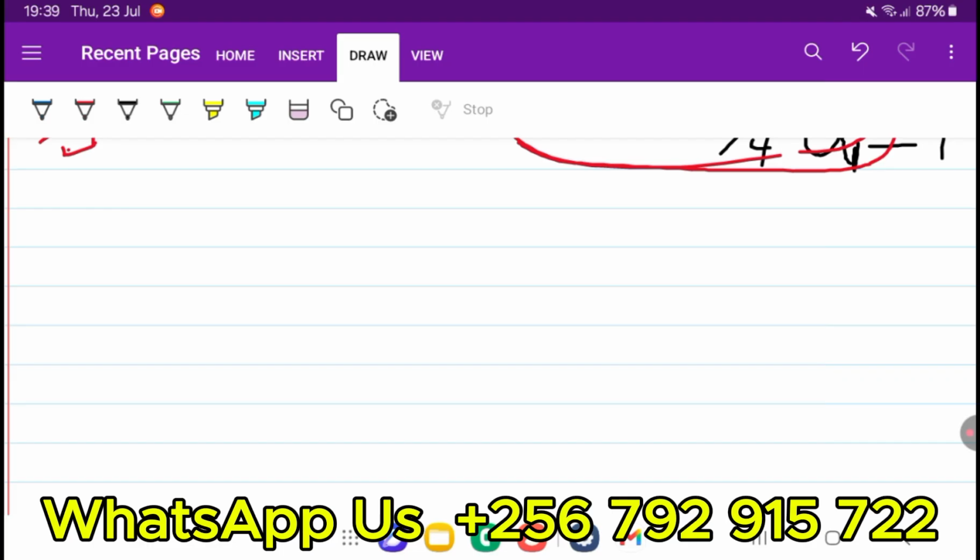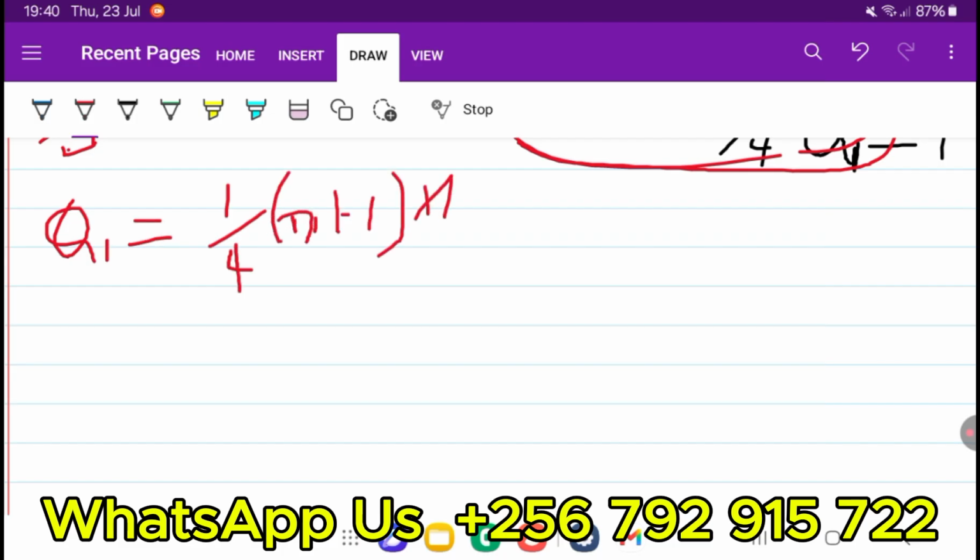So the Q1, we said the formula will be Q1 equals 1 over 4 into n plus 1. This will give you the nth number.